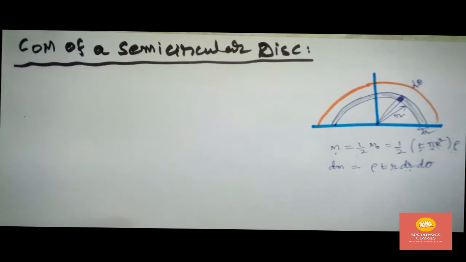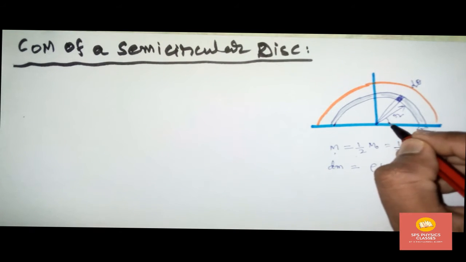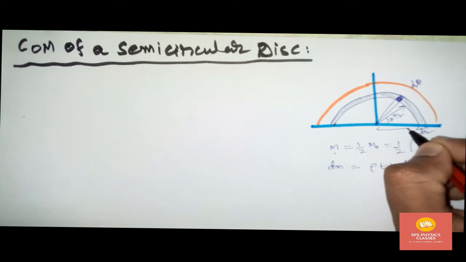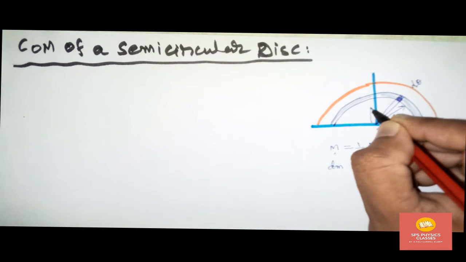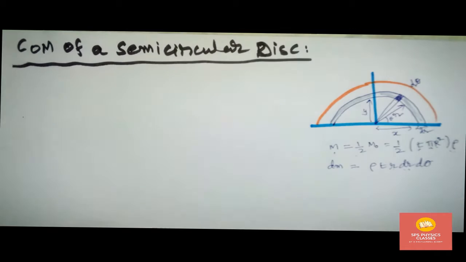Now further, if this element is at an angle of theta, at a distance of small x and at a height of y, then the x coordinate you can write as r cos theta, and the y coordinate as r sin theta.